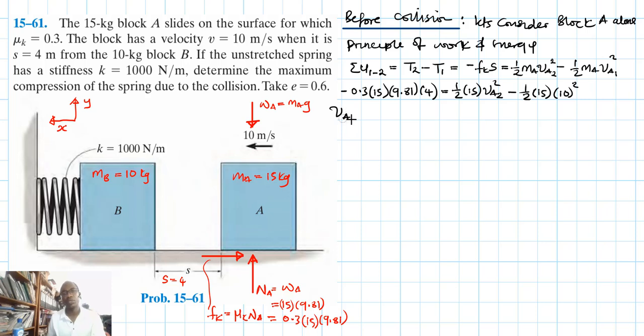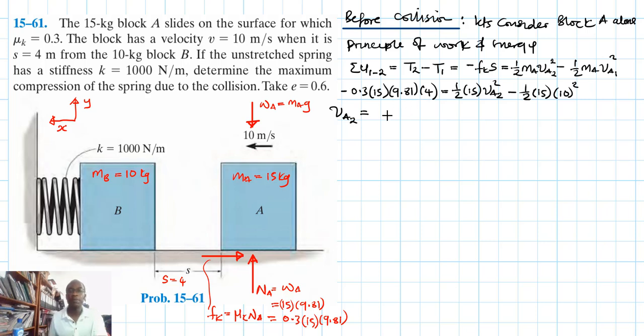And therefore our VA2 is just going to be equal to the square root of minus 0.3 times 15 times 9.81 times 4 plus 0.5 times 15 times 10 squared, divided by 0.5 by 15.